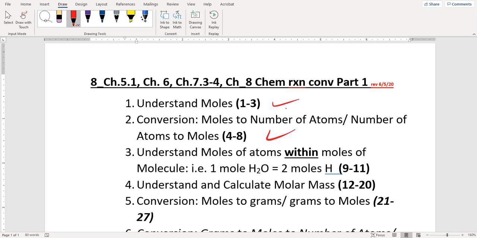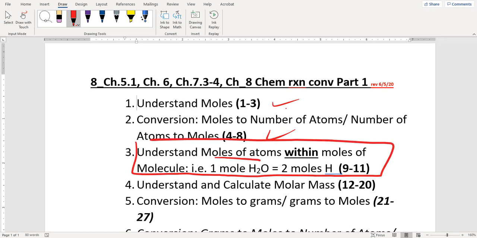Now we're going to be getting into what I think is a bit conceptually tricky. Moles of atoms within moles of the molecule. So for example, here I have a molecule of H2O and there's 1 mole of it.